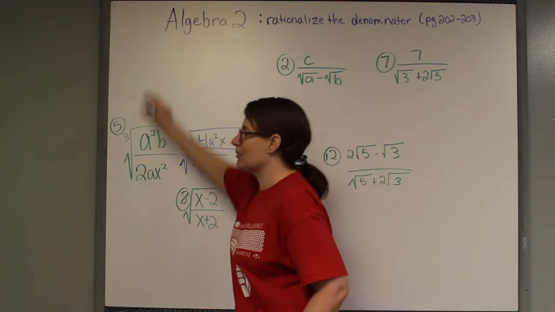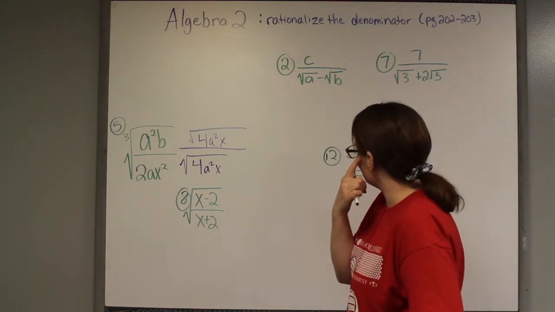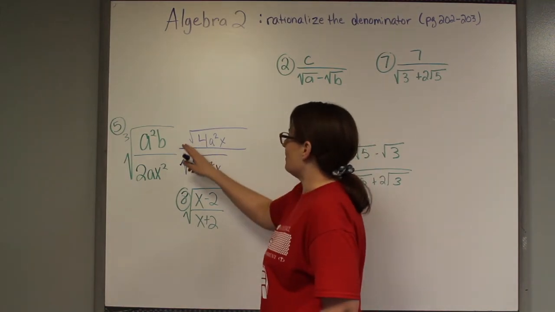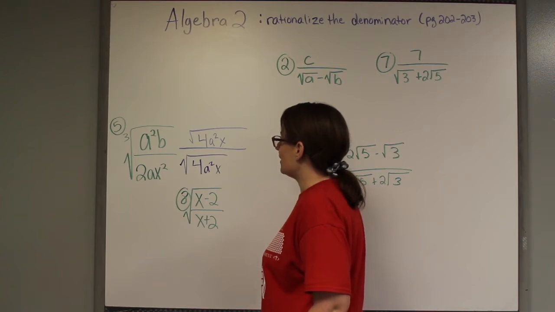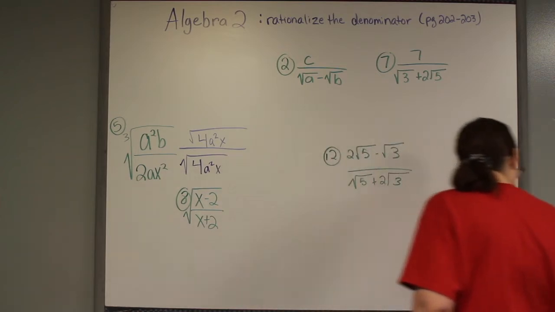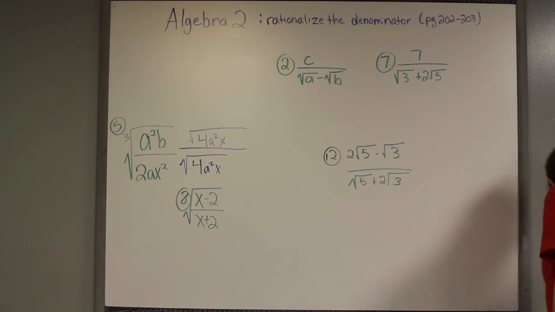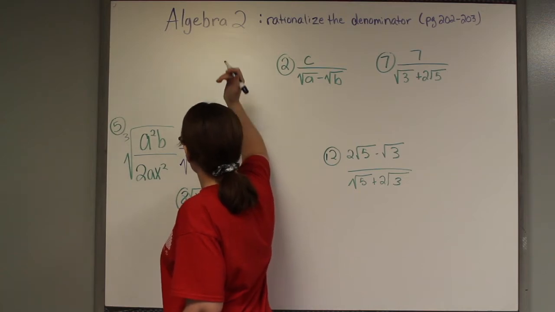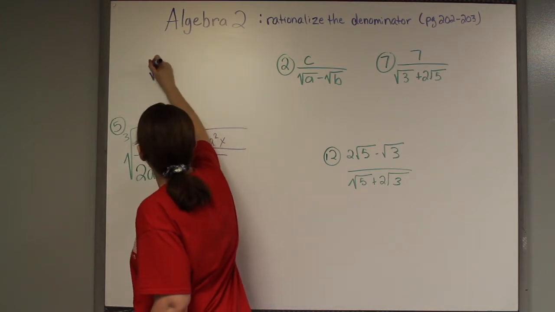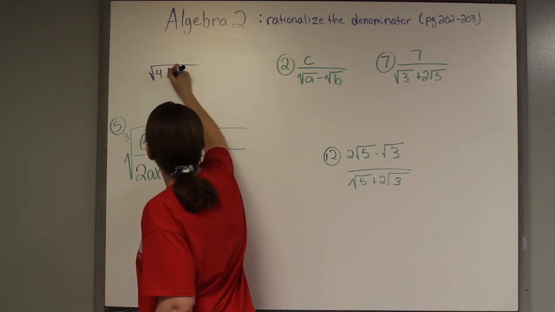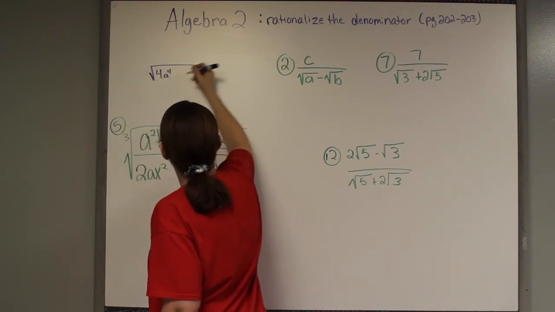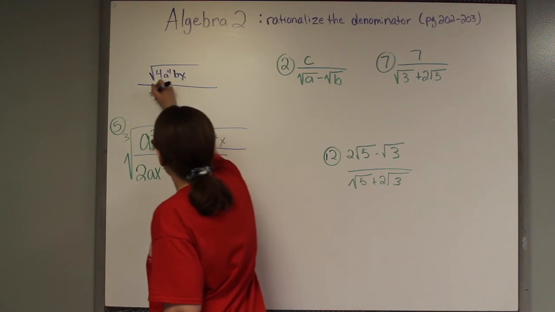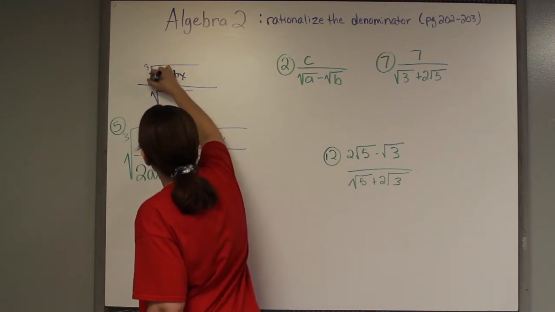Okay, now when I multiply this, I'm going to move it up here. I know it's weird, and I do this in class too. I apologize, my organizational skills are not very good. Alright, when I multiply those together, and I've already done this on my paper, I'm going to have on the top 4a to the 4th bx, and on the bottom I'm going to have, don't forget these are 3's, and I separated them.